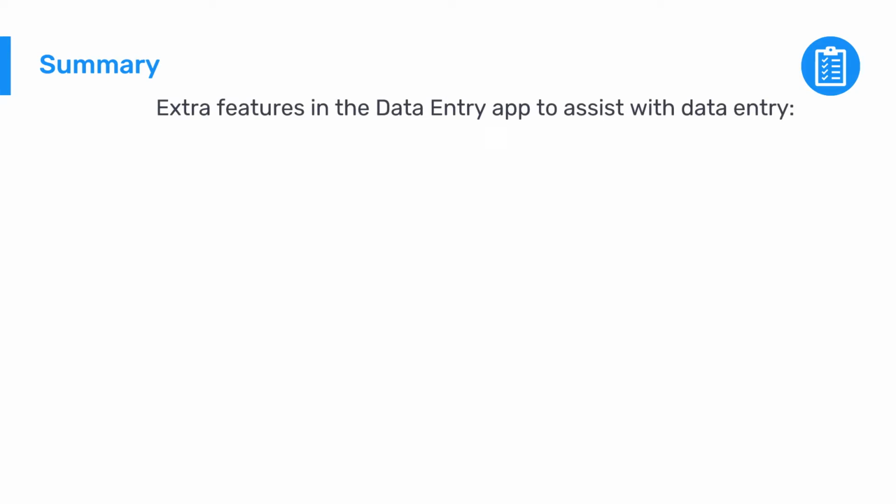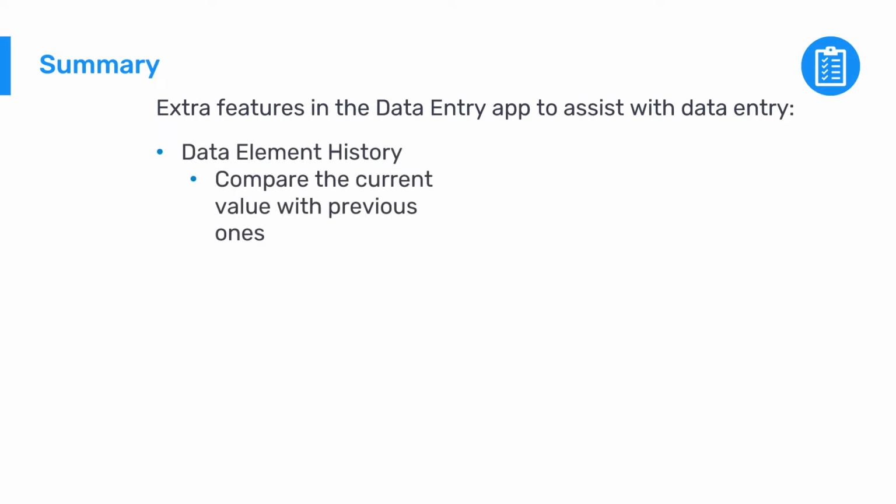In summary, there are extra features in the Data Entry app to assist with data entry. By double-clicking the data value fields, you can see the data element history, which helps to compare the current value with previous ones, see min-max limits, and review the audit trail.